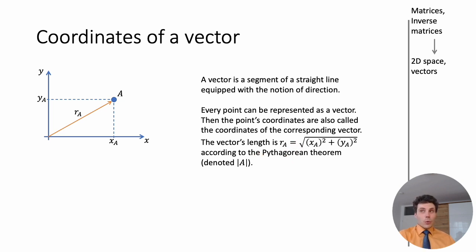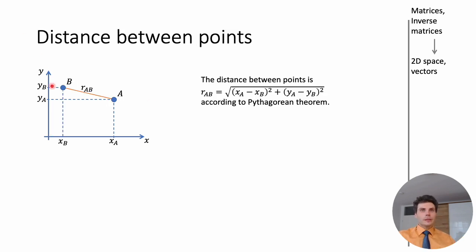If we have 2 points, there is a unique vector associated to each of them, and the distance between those points is also computed according to the Pythagorean theorem as this formula. It's the square root of the sum of squares of the differences of their coordinates. Nothing complicated.